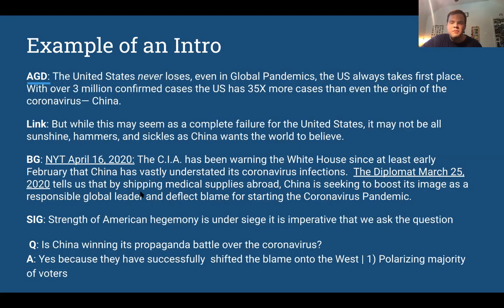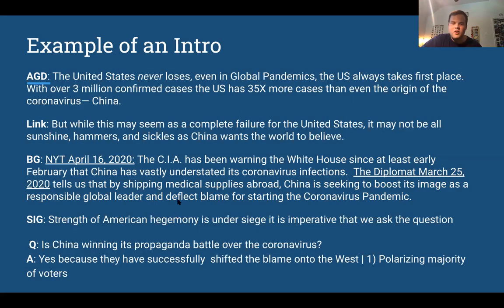In an article published by The Diplomat on March 25th of 2020, it explains that because China is continuing to ship medical supplies abroad in an effort to boost its global image as a responsible member of the international community, they are trying to deflect blame for starting the coronavirus pandemic.